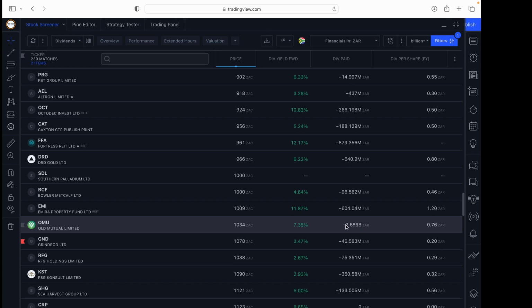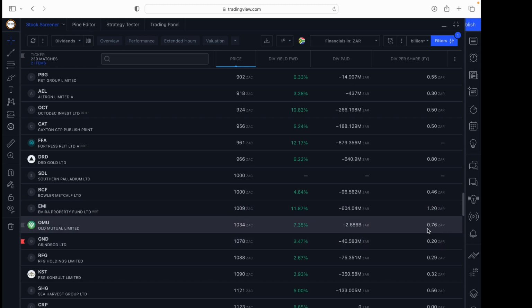The dividend that was paid was 2.6 billion, but the dividend per share over the full year, remember, it's a full year, not final year. By full year, we mean that the companies report their results twice in a year. We've got the interim result and then we've got the final year result. So once we've got the result for the full year, then they combine the dividends that were paid.